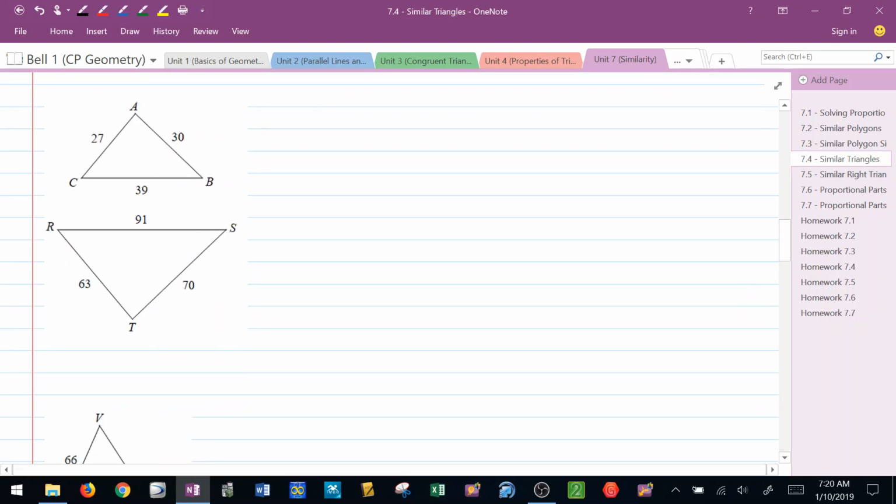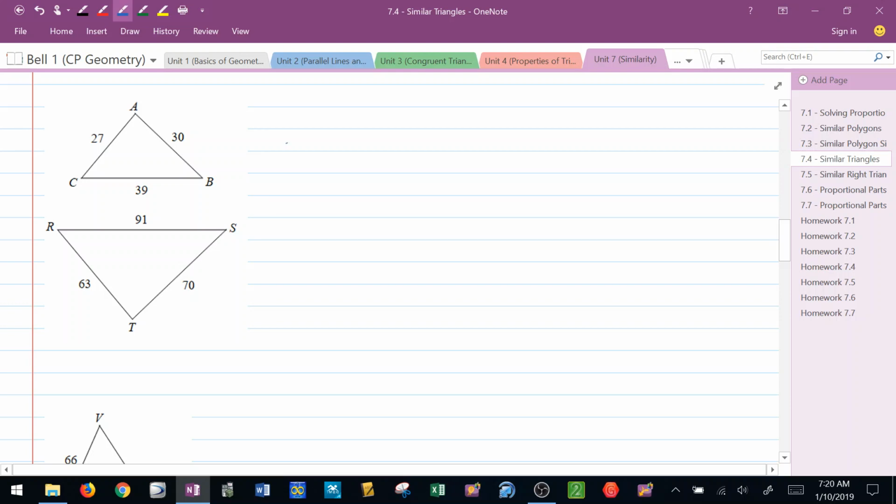All right, let's take a look at this next one. On this next one, I know nothing about angles. I don't see any parallel lines to be able to do similar to what we did last problem. All that I see here are side measurements. So in my head, I'm thinking these triangles are similar by side-side-side similarity. But now I have to check it. I'm going to start to create that extended proportion of the sides.